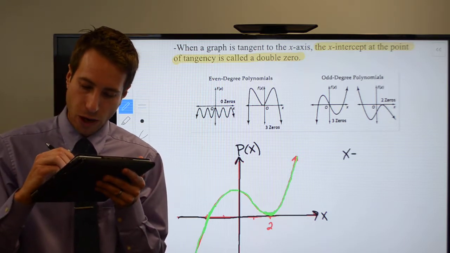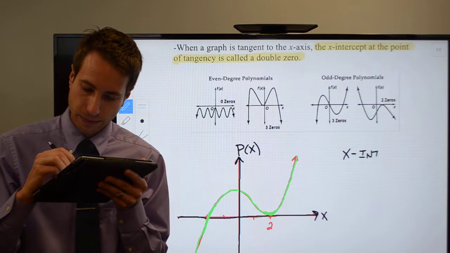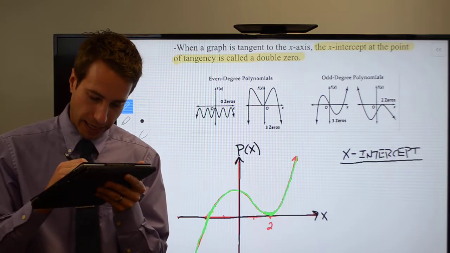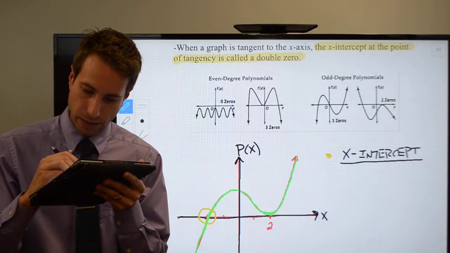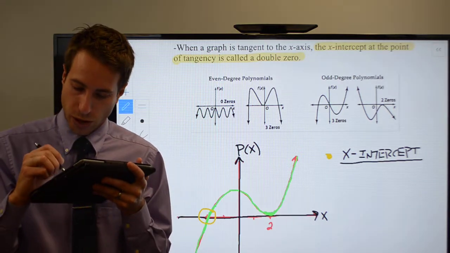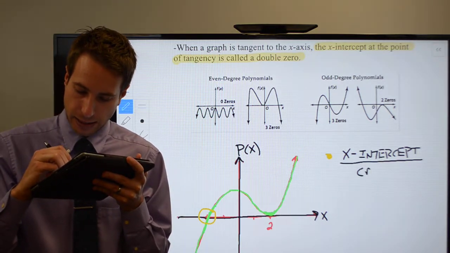If you have what we call an x-intercept, which is what I've got right here in yellow, right? That is an x-intercept. Here's what you have. This is where you have crossed the x-axis.